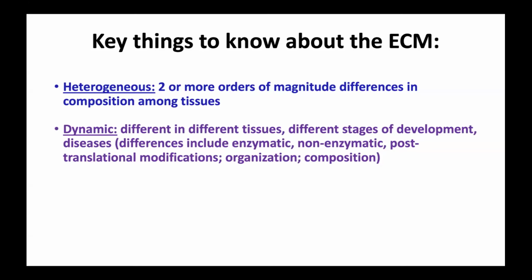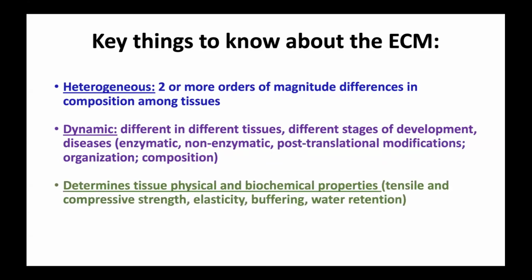For experiments, we often take some collagen that we purchase from somewhere that we don't necessarily know the structure of very well, and consider that to represent the ECM. And that's a really, really reductionist view because there's a lot of variability and dynamism in the ECM.